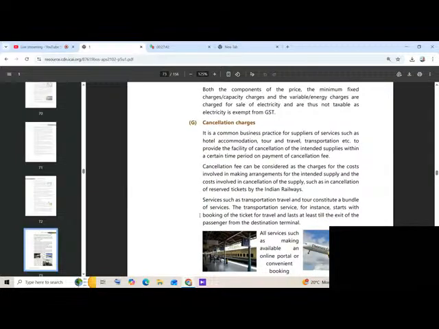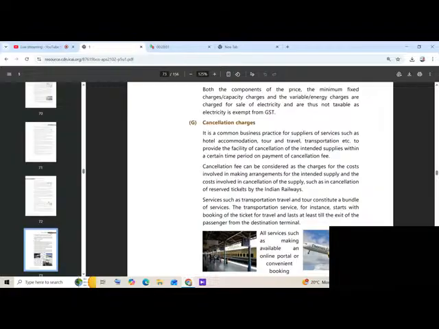Cancellation charges. It is common business practice for suppliers of services such as hotel accommodation, tours and travels, transportation, etc., to provide the facility of cancellation of the intended supplies within a certain time period on payment of a cancellation fee.